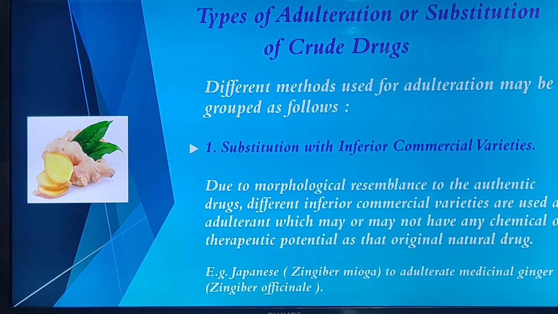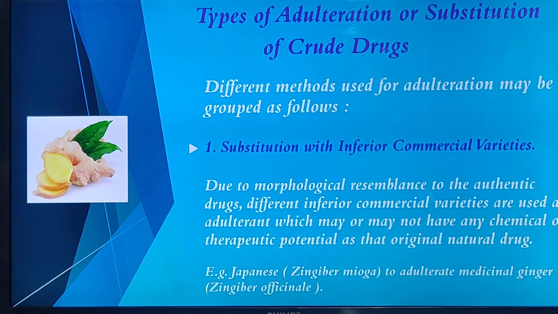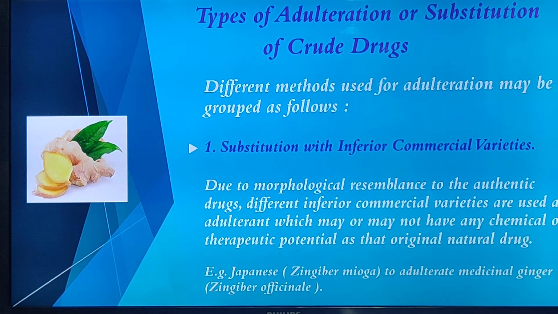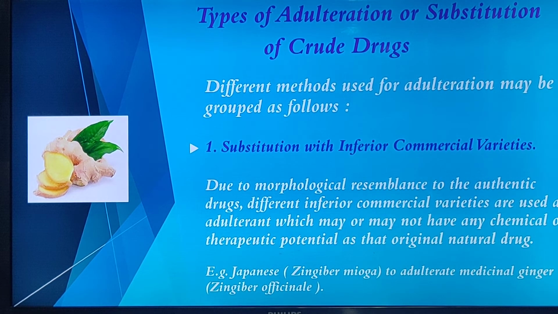Due to morphological resemblance to the authentic drugs, different inferior commercial varieties are used as adulterant, which may or may not have any chemical or therapeutic potential as that of the original natural drugs. For example, generally Japanese ginger, Zingiber mioga, is used to adulterate medicinal ginger, Zingiber officinale.